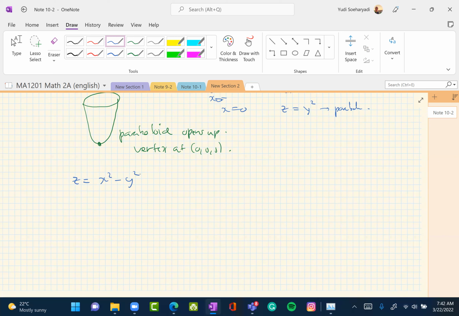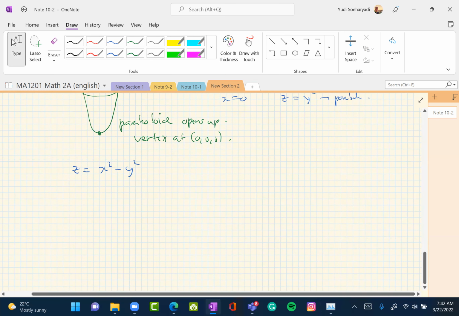Okay, so when same strategy, find the cuts. Okay, so with some cuts, z equals 0, for example. When z equals 0, you have x equal y squared.